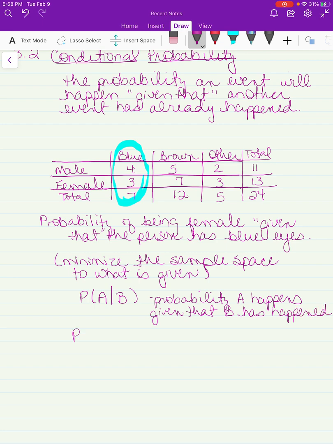So in this case, it would be the probability they are female given that they have blue eyes. And we can look and see that we're now talking about 7 people. And out of those 7 people, there are 3 females. But where did these 3 and 7 come from?